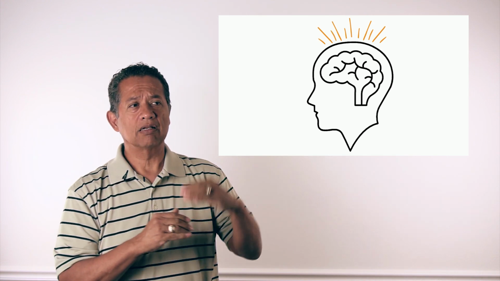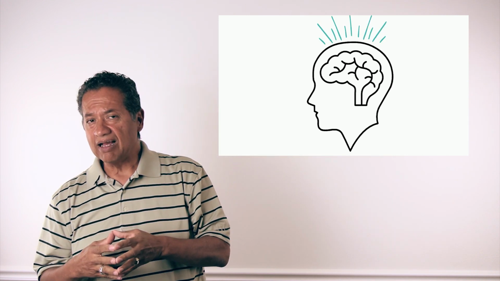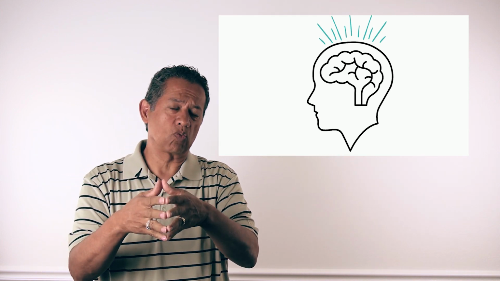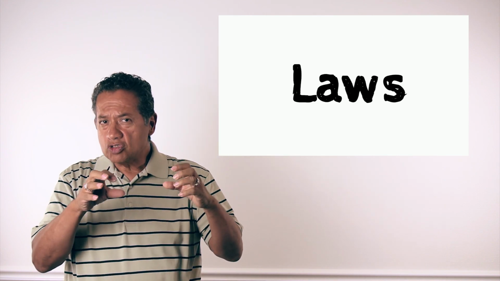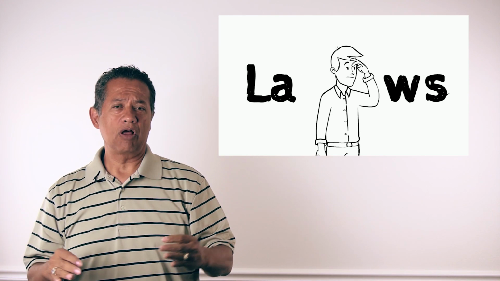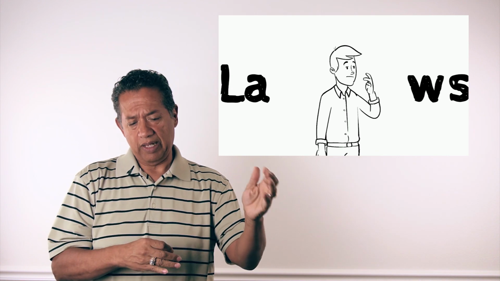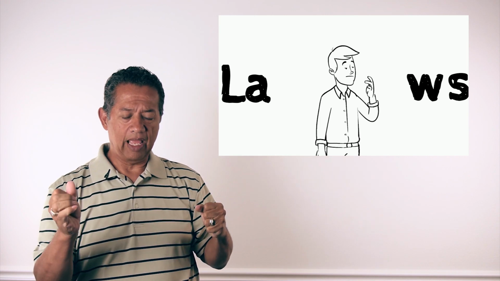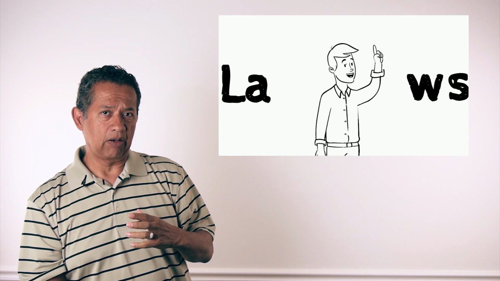So RESPA is a little bit more of the breakdown of costs. TILA is a little bit more of what does it mean dollar-wise, interest-wise to you, okay? And so if you can start to separate these laws, okay, I understand that RESPA and TILA are disclosure laws, and HMDA and fair housing and ECOA are more discrimination laws.